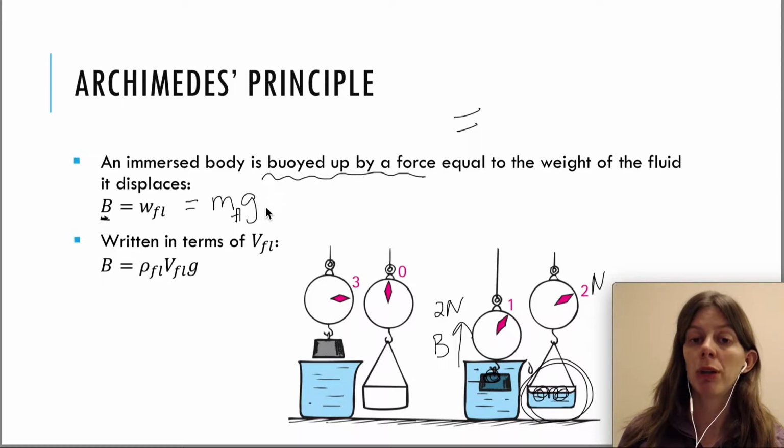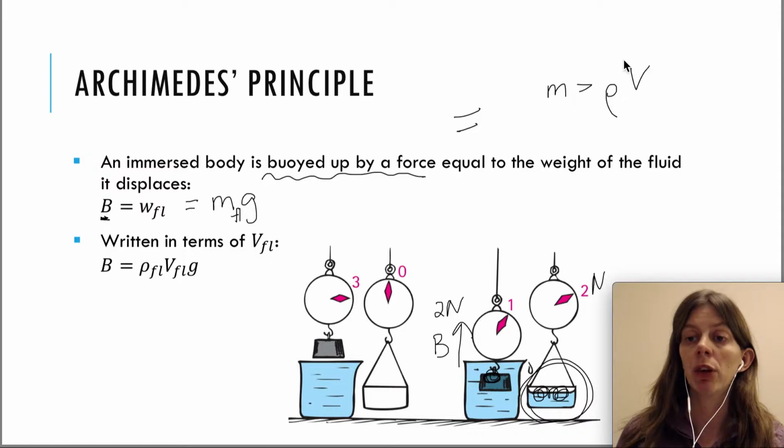We saw in a previous video that we can write mass as density times volume. This comes from the definition of density, which we said was mass over volume. Just multiply both sides by V, you see that mass is equal to density times volume.